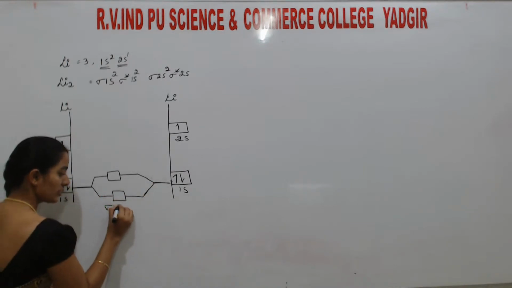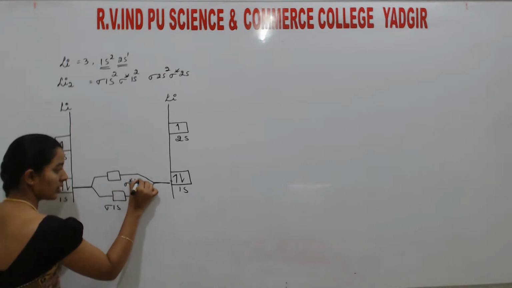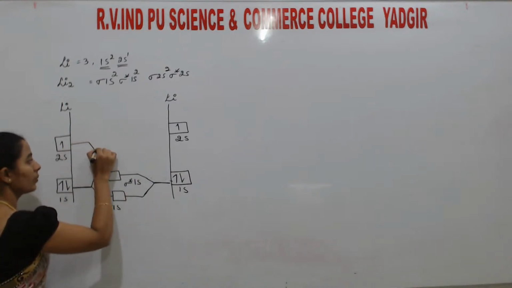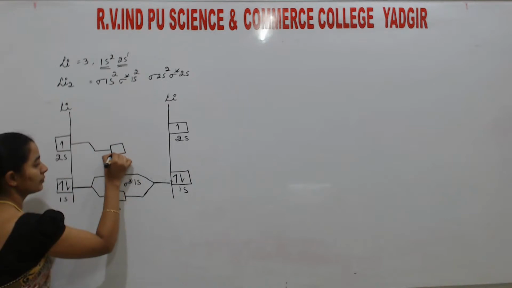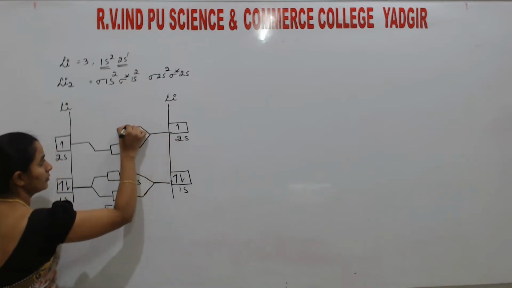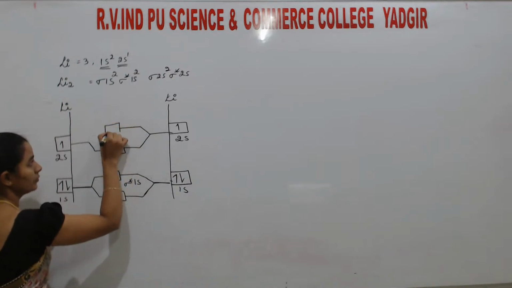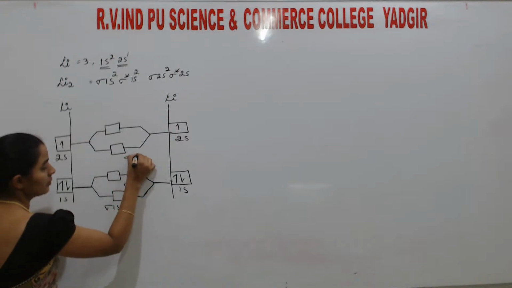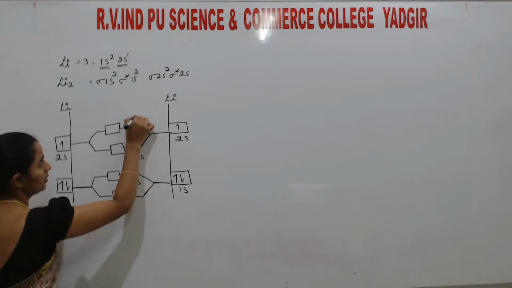So this is sigma 1s, this is sigma star 1s. Similarly, two molecular orbitals form here: sigma 2s and sigma star 2s.